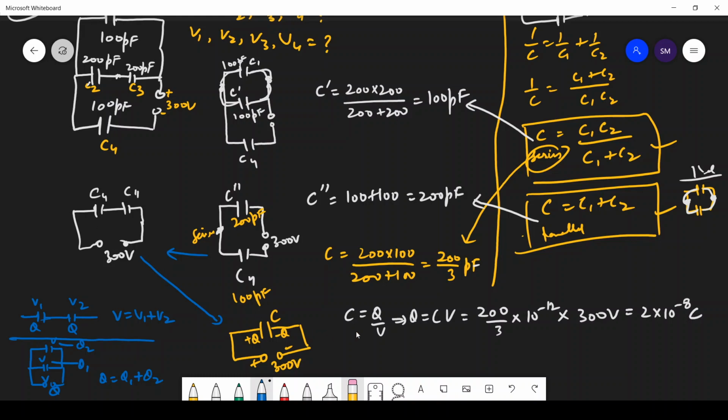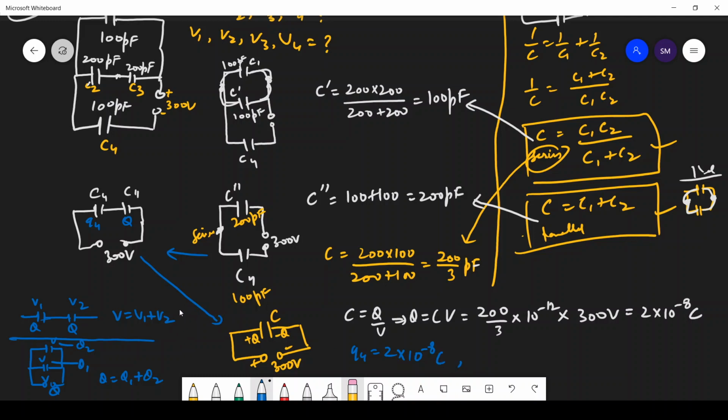If I am writing this charge as Q, then Q4 will also be the same as Q, and on this also the charge will be the same. So Q4 will be equal to 2 into 10 to the power minus 8 coulombs.